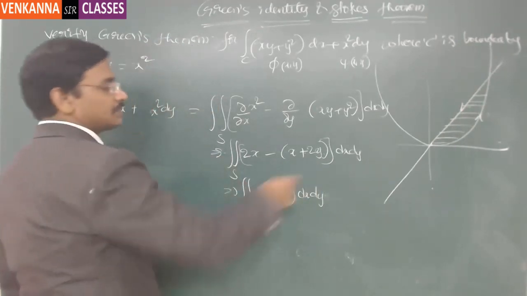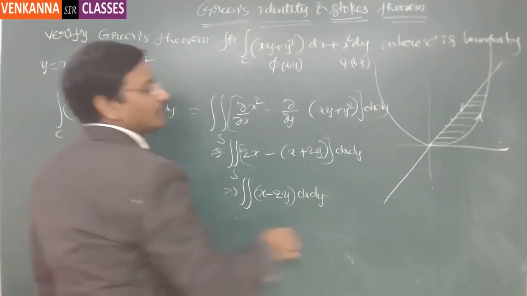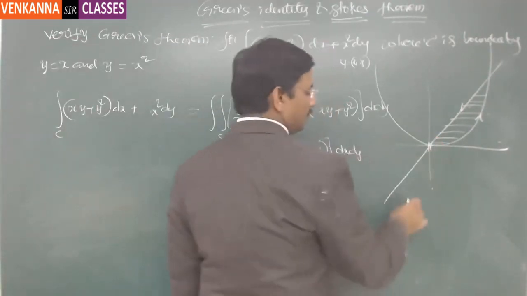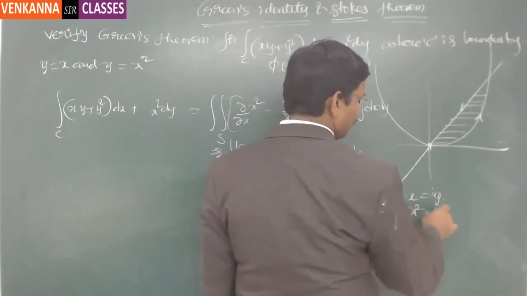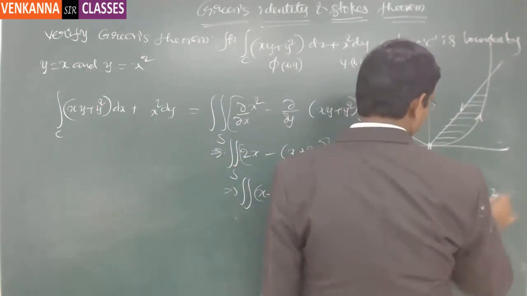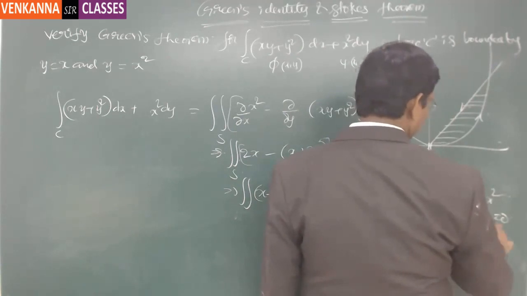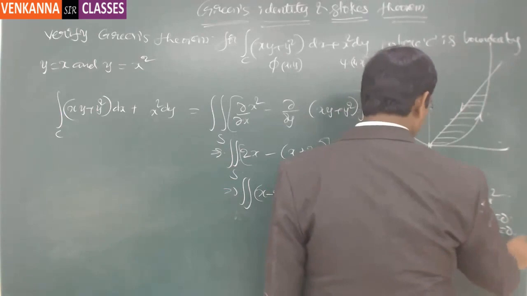Now this S is nothing but that area, right? For the intersection points, x is equal to y in one case and x square is equal to y in the other. If you solve it, x equal to x square, so x square minus x equal to 0, x into (x minus 1) equal to 0, so x equal to 0 and x equal to 1.